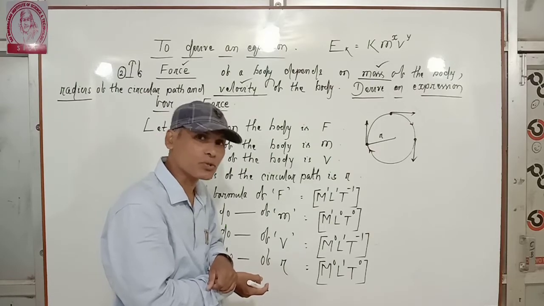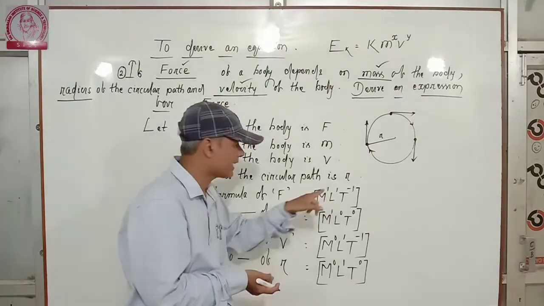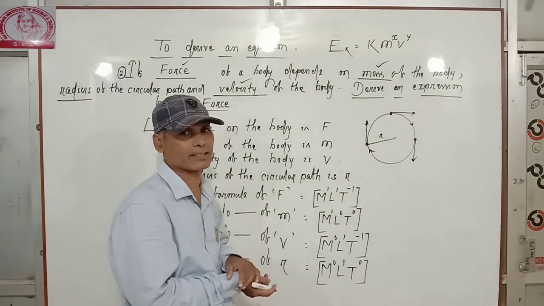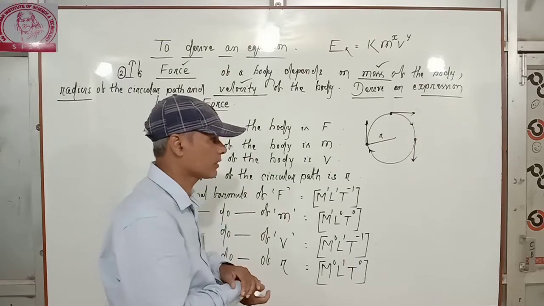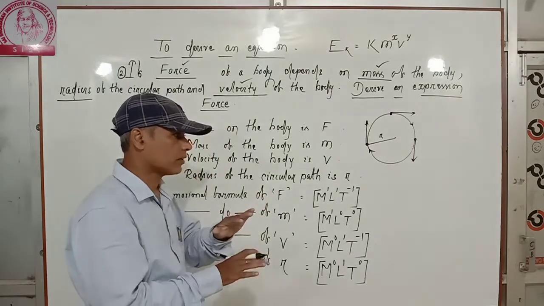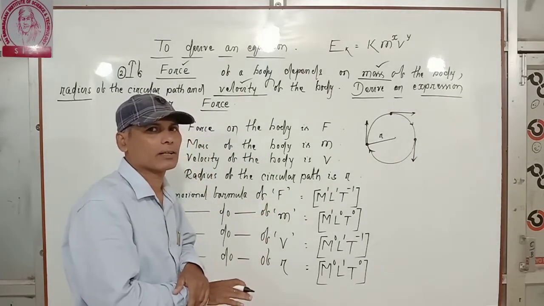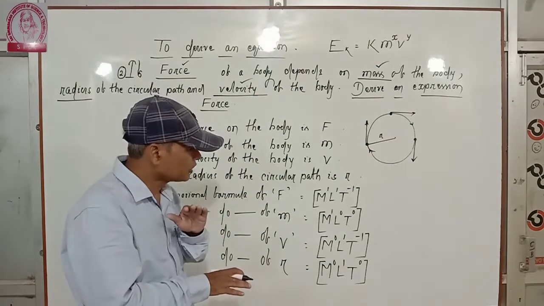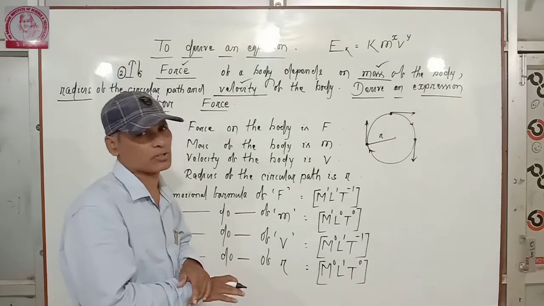L1 T minus 2. But what I have written? L1 T minus 1. Knowingly I have written this, because unless there is a mistake, you cannot rectify yourself.